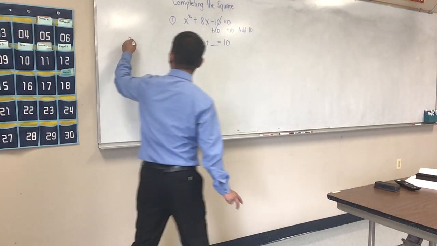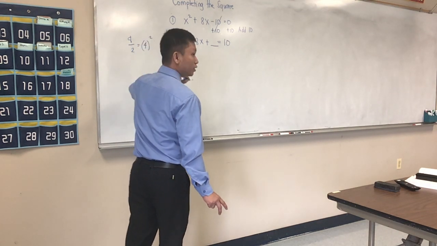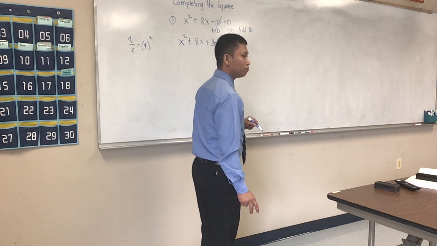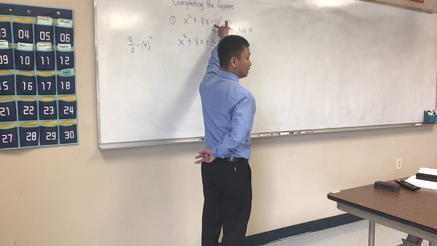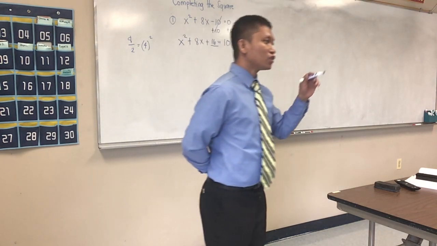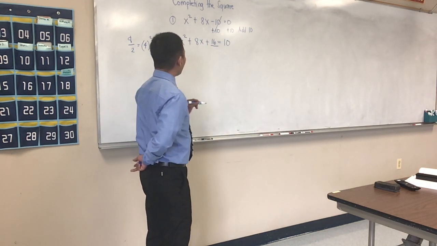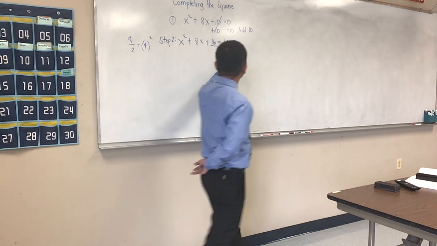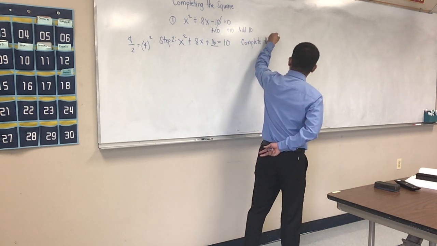Because we have 8 divided by 2, which is 4, then we square it. So that would be 16. Step 1, eliminate the constant. Step 2, complete the last term through completing the square.